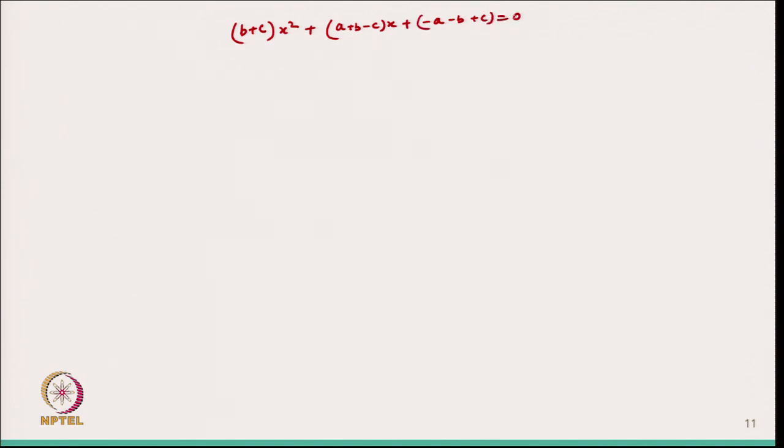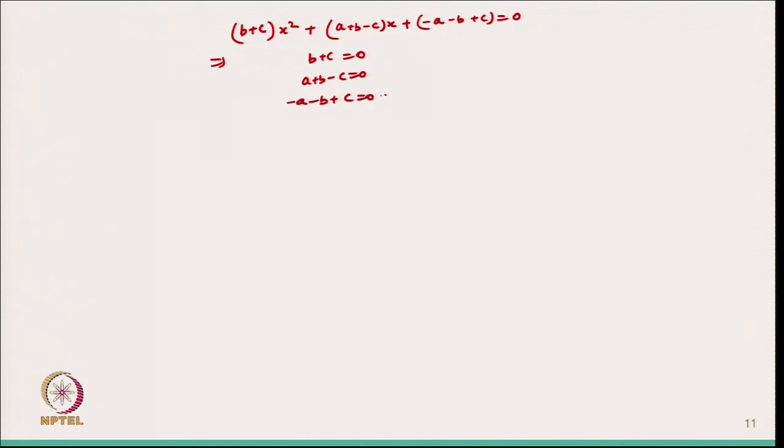So, from here I can write B plus C is equal to 0, then A plus B minus C equal to 0, and minus A minus B plus C equal to 0.